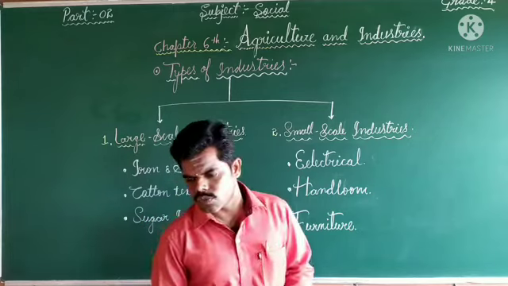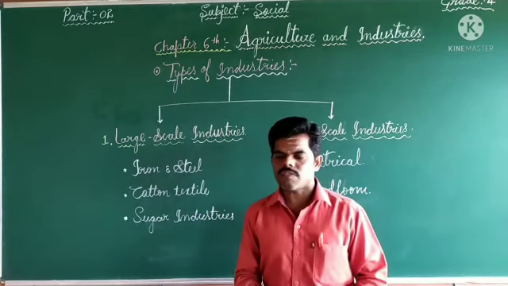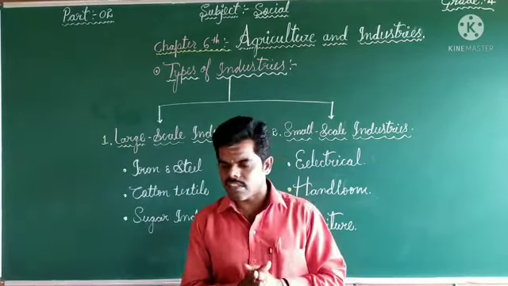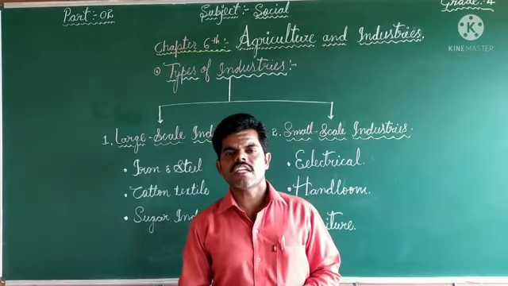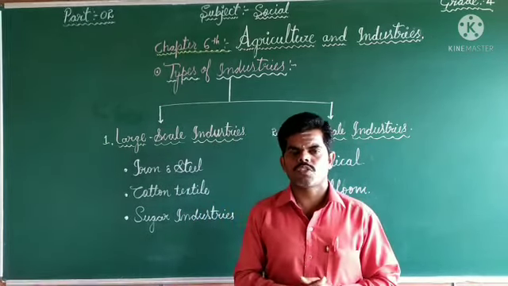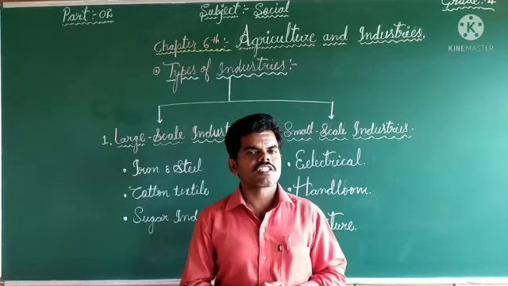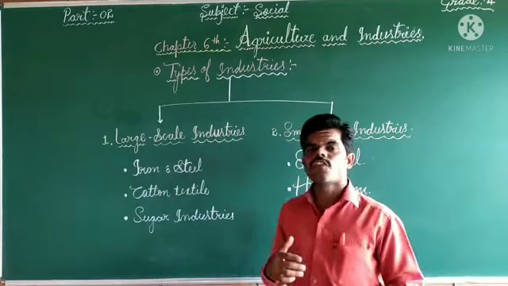Yes, dear students, now let us learn about the distribution of certain important industries in our India. In your textbook there is a table with two columns: industries and distribution of industries.